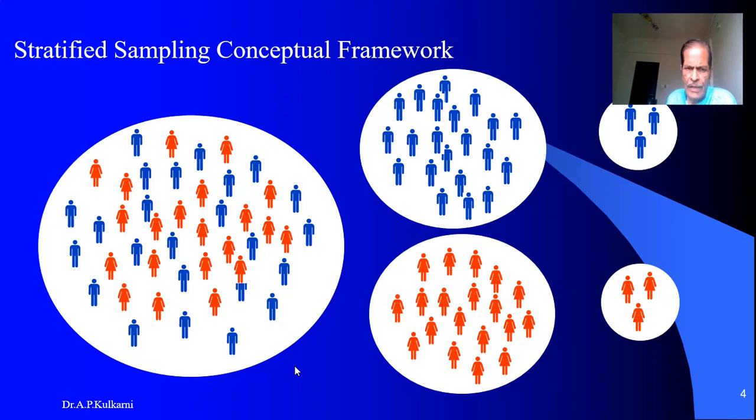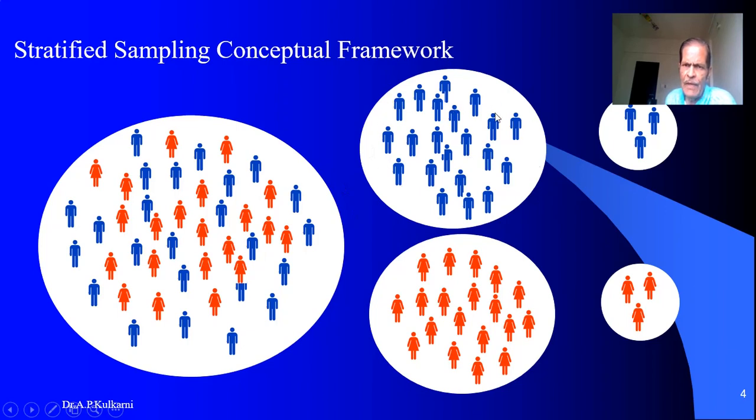And when the variable to be studied is heterogeneous and based on that there are subgroups in the population, it is better we divide it into subgroups according to the variable in question and treat each subgroup as a different population. These subgroups in the population are nothing but the strata.